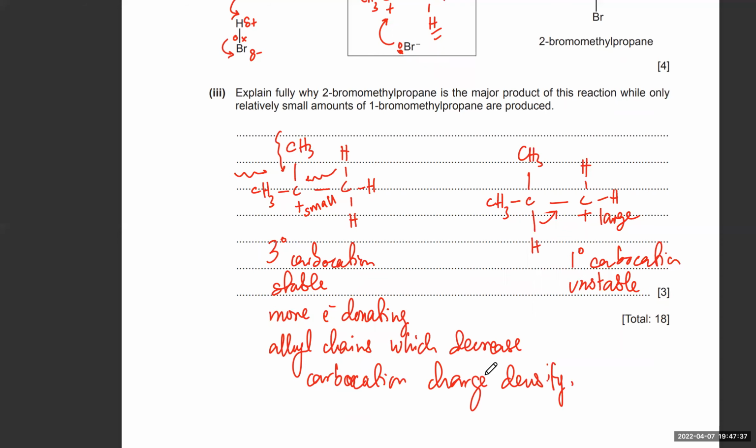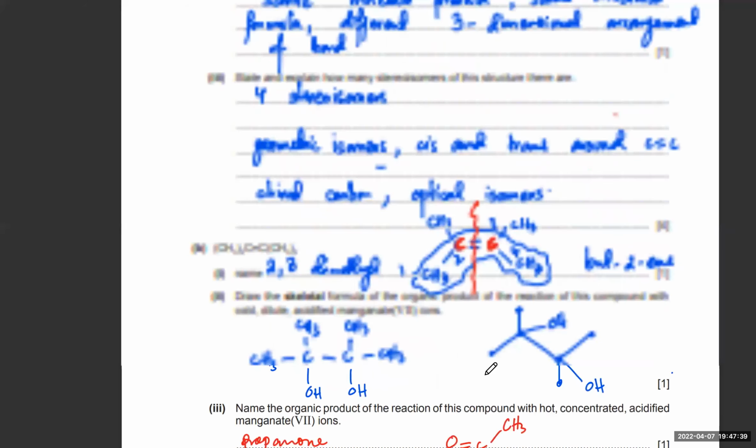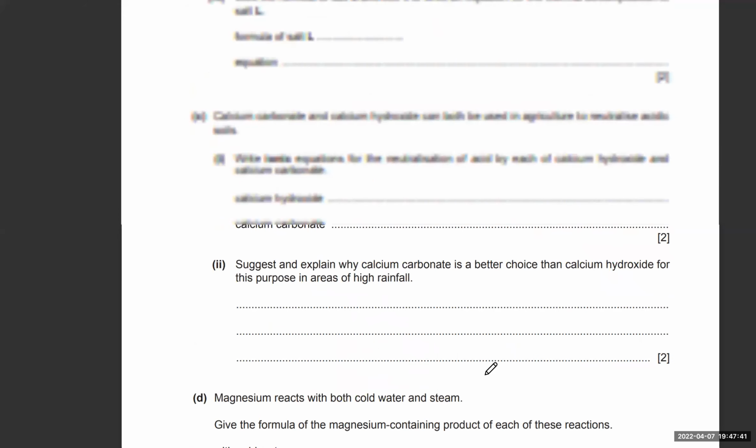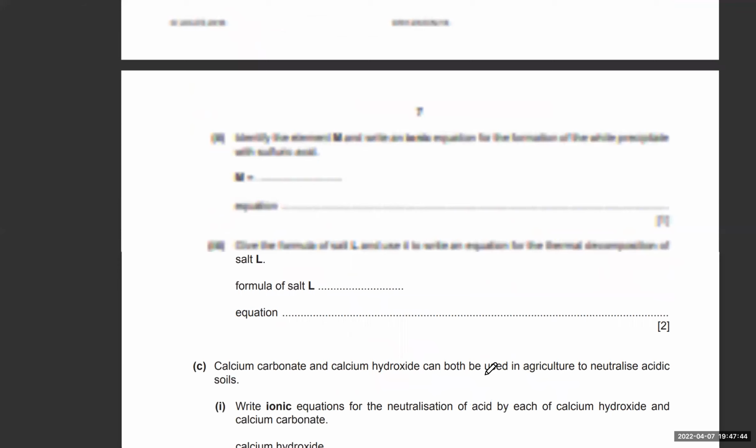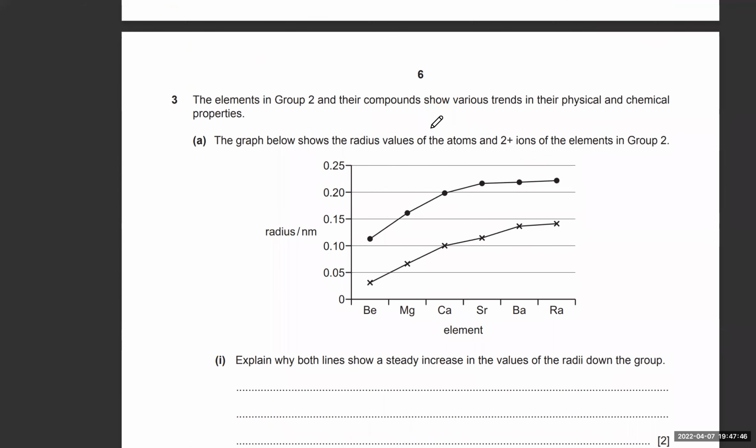So next one. So this question is over. We're going to move to the previous one. This one is about explaining why both lines show a steady increase in the values of the radii down the group. One of them is probably an ionic radius.